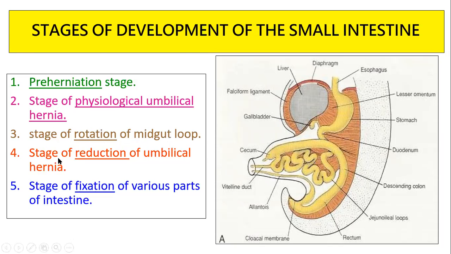Then the fourth stage, it will go back into the abdomen. This is called the stage of reduction of the umbilical hernia, where the intestinal contents go back with the development of the abdomen, so the intestines have the space to go back. Initially, because of the excessive growth of the intestine, they come out. You might see clinically some newborn babies with the intestinal contents outside the abdomen.